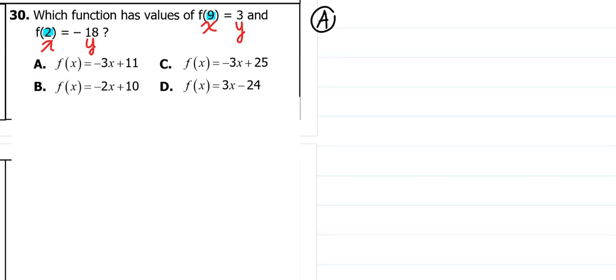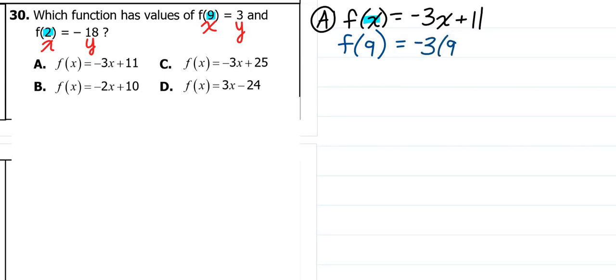So for A, f of x equals -3x plus 11. So if I plug in 9 for x, I should get an output of 3. So I'm going to plug in 9 for x plus 11. Let's work this out and see what we get.